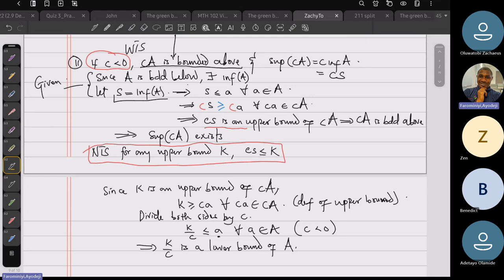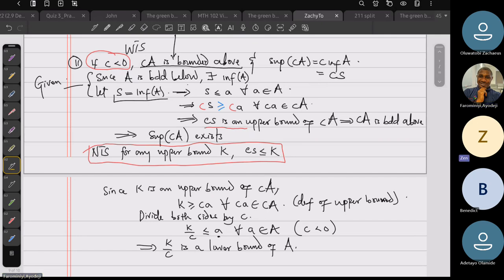If K over C is a lower bound of A, what will be the relationship between K over C and S? When S is the infimum, that means both of them are lower bounds. Yes, but what's the relationship between them?